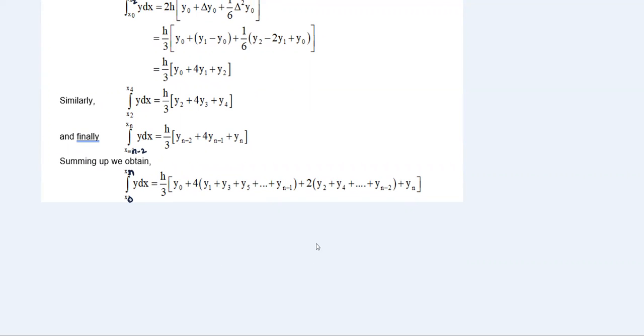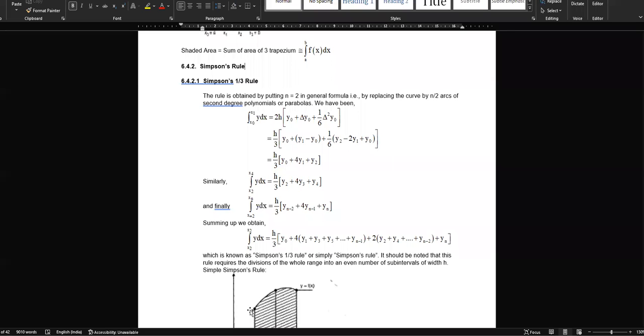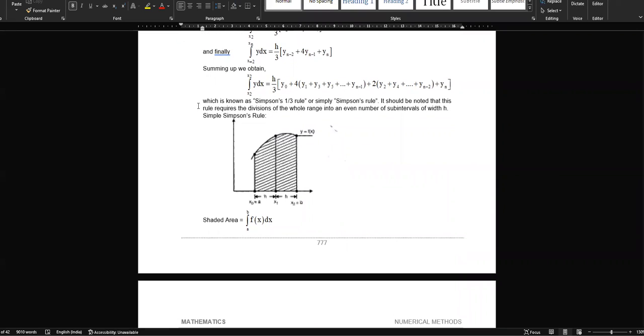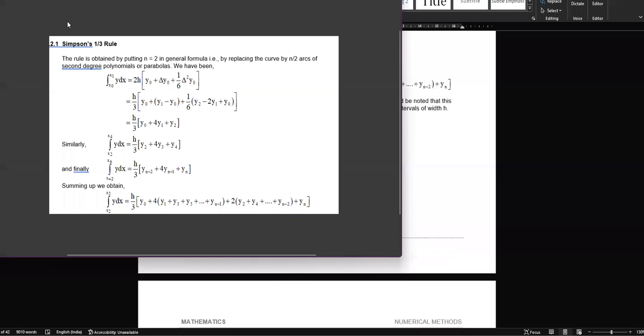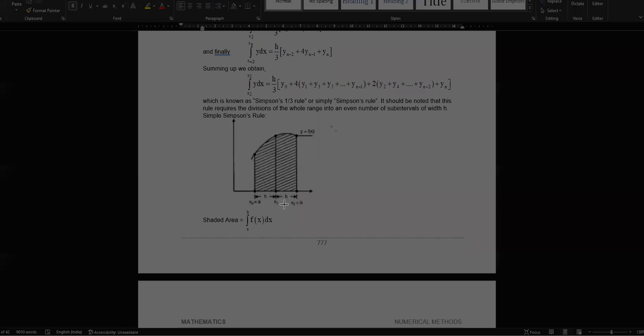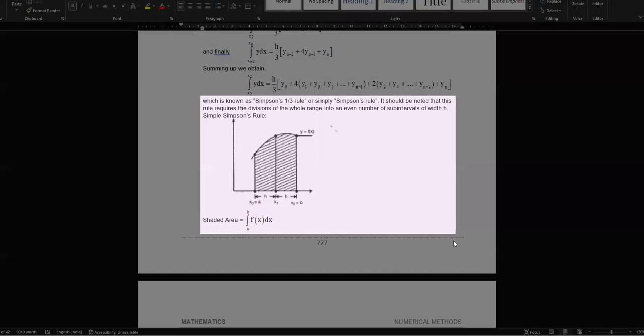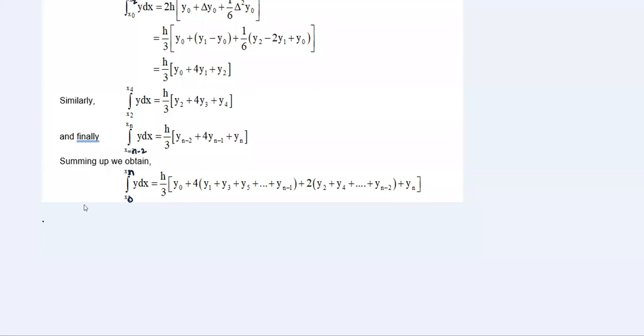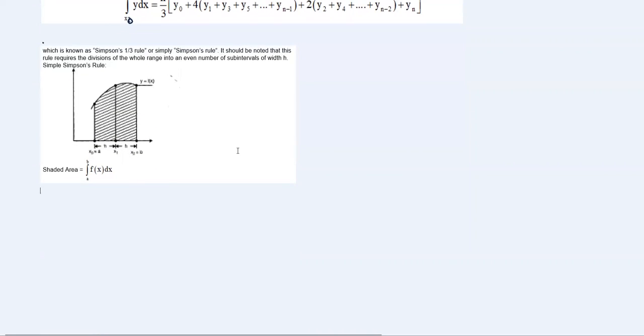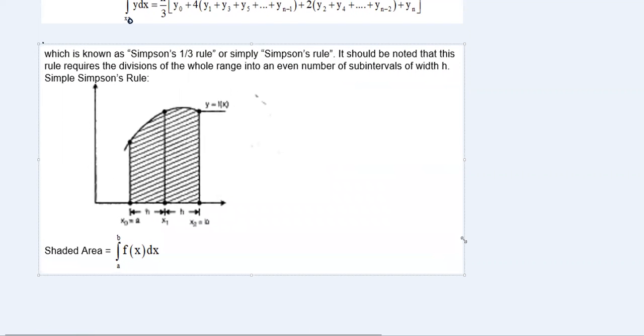This is what we get on summing up. This is known as Simpson's 1/3 rule, or simply Simpson's rule.